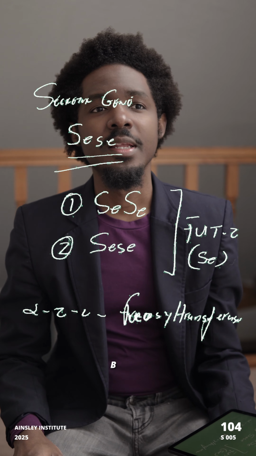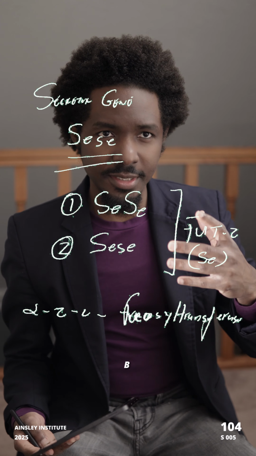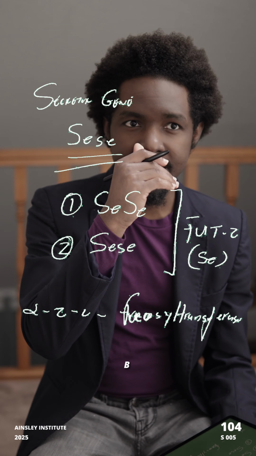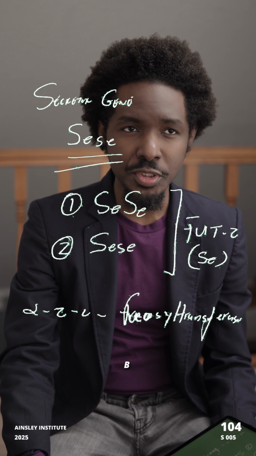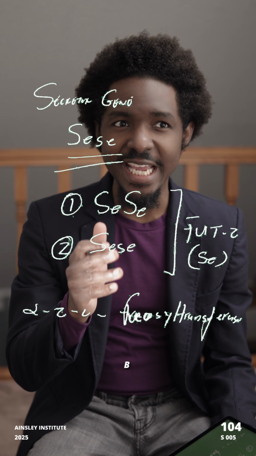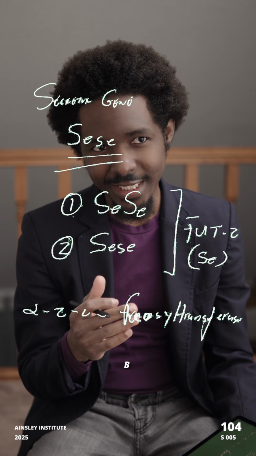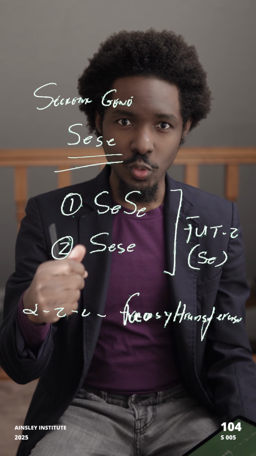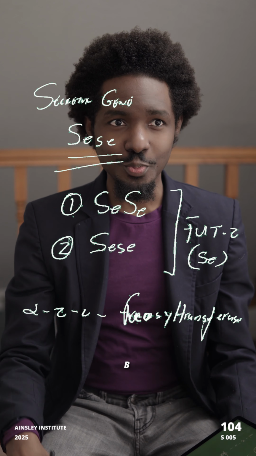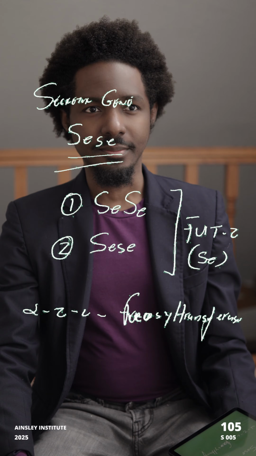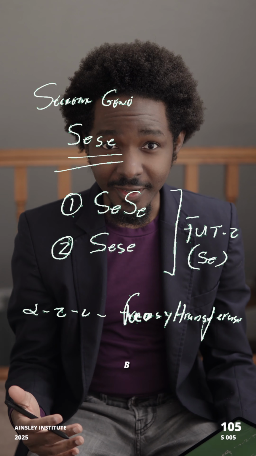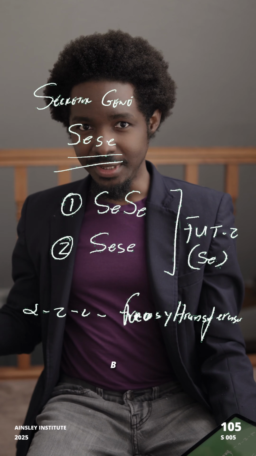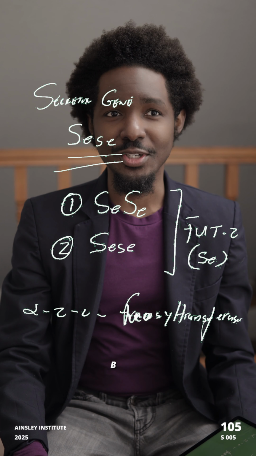Fucosyltransferase is used as a modifier. It modifies the type 1 precursor in the secretion of the H substance, and we know that H substance is necessary to determine your ABO ABH blood group system. It can then be further modified to express A and B substances in the secretion.